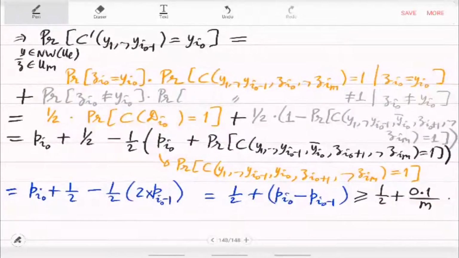Right. So, C prime is actually better than just a random output. It is actually making a significant improvement over half. So, that is why we can say that C prime is a decent bit predictor.